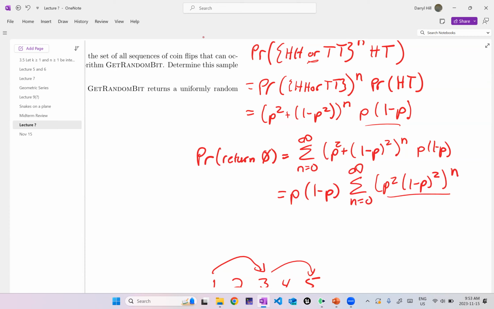Of course, this is my x. So it's 1 over 1 minus x, and I get, and I'm moving a little fast here, 1 over 1 minus P squared plus (1 minus P) squared.